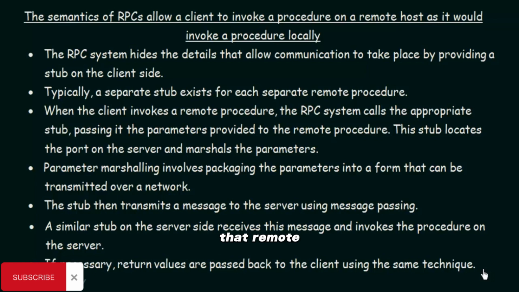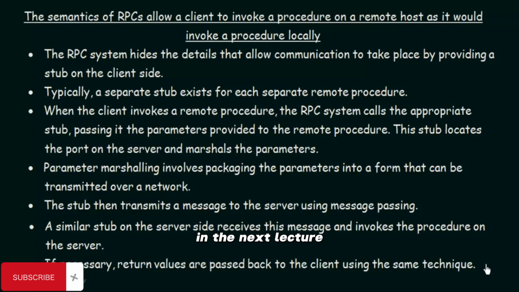So we have seen that remote procedure call is something that is used when communication has to take place between processes that are residing in different systems connected over networks. So this is the basic working of an RPC. Alright, we have seen the working of an RPC. During this entire process, there are certain issues that we face, and these issues have to be considered and addressed, and there has to be some way these issues are resolved.